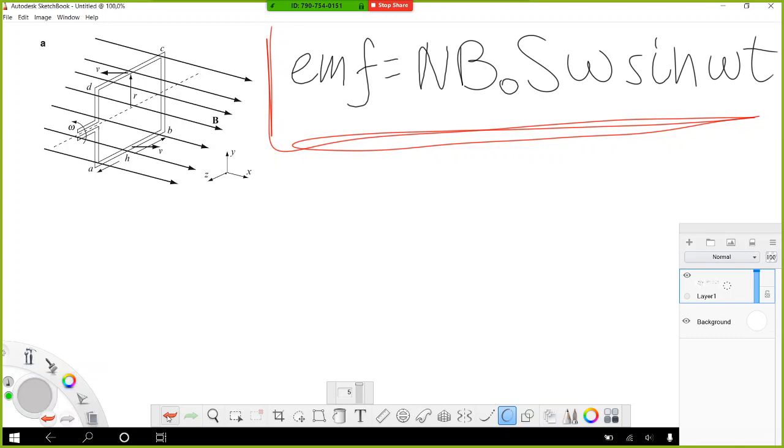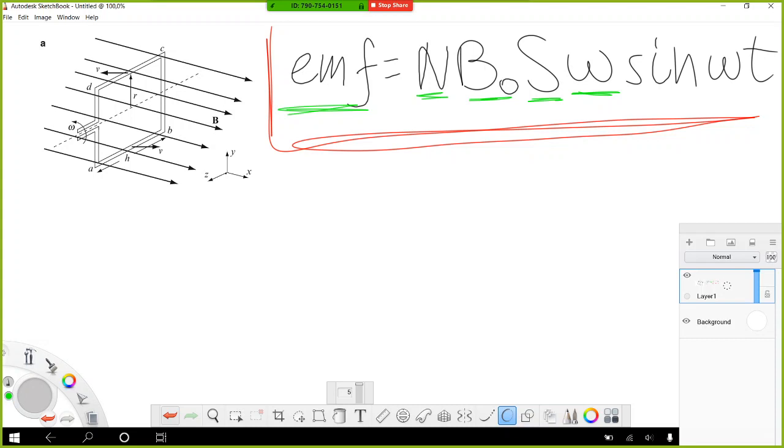Well, we said this is the alternating current generator, and the electromotive force is directly proportional to the number of turns, to the magnetic flux density, also to the surface S, and also to the angular velocity of our loop. When you design the AC generator, you design according to your needs.